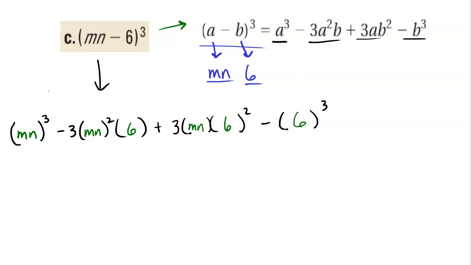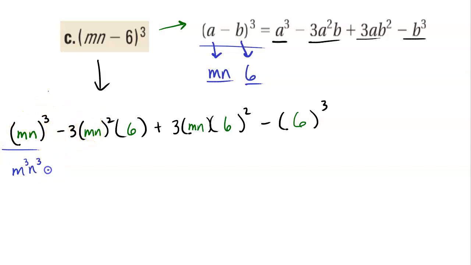We just need to multiply things and clean it up again. So mn cubed. All right, well, if we were to use some exponent properties, we could write mn cubed as m cubed n cubed. Because that 3 right here could be applied to both factors there, the m and the n.